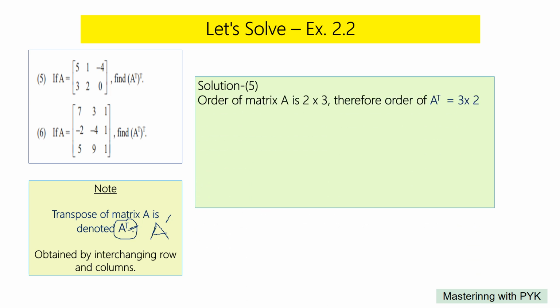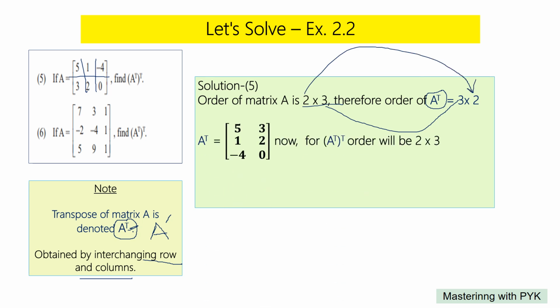So in question number 5, the order of the given matrix is 2 rows and 3 columns, so the order is 2 by 3. Therefore, when we do the transpose, we are interchanging rows and columns. This means 3 becomes my row and 2 becomes my column, right?